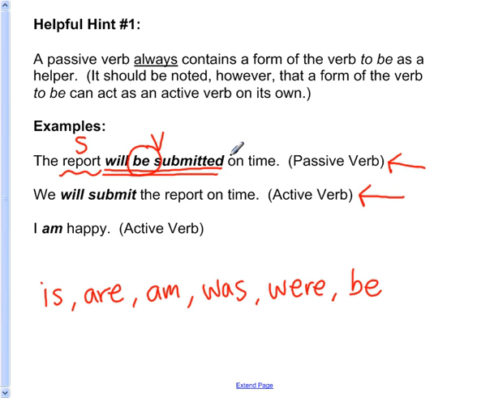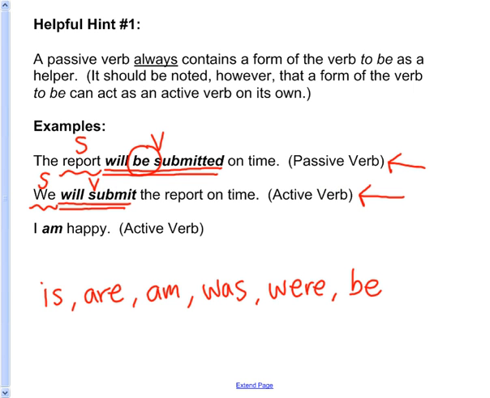So this is a very similar sentence to the first sentence. However, will submit is the verb here. The subject is we. So some submitting is going on again. Is the subject doing the submitting? Yes, we are doing the submitting. Okay, so that verb will submit is considered active.